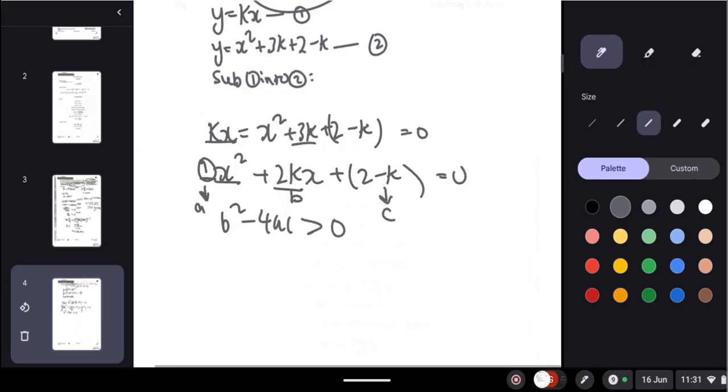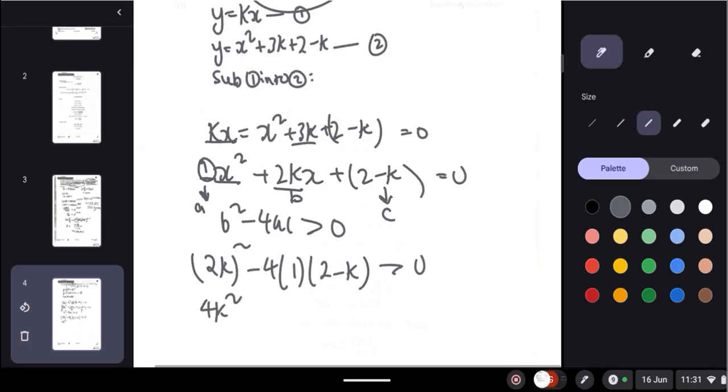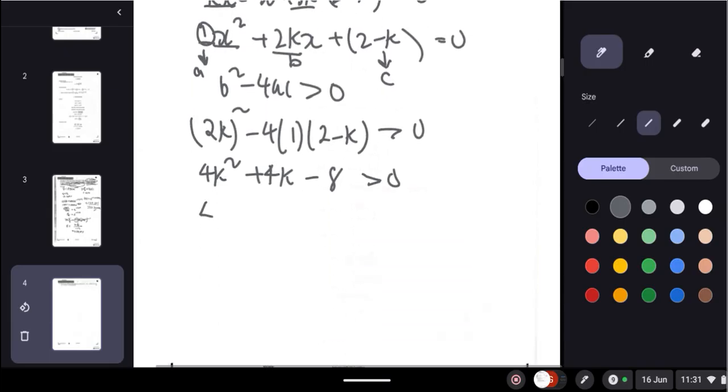Now sub in and simplify, you'll probably get a quadratic inequality. So now we will simplify it to get a nice k squared plus k. Factorize this, you'll get this.